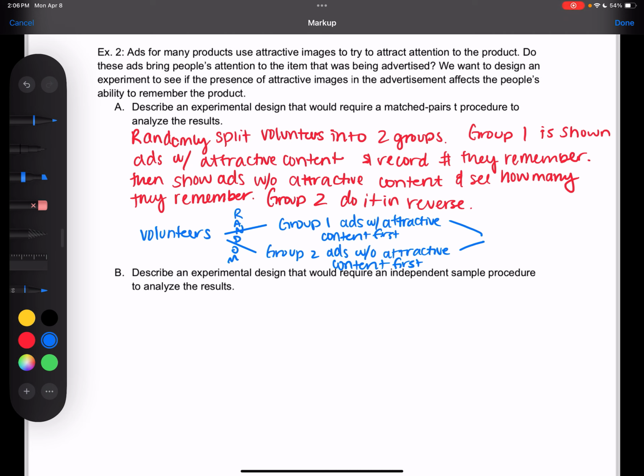And then analyze mean difference in number of ads remembered.